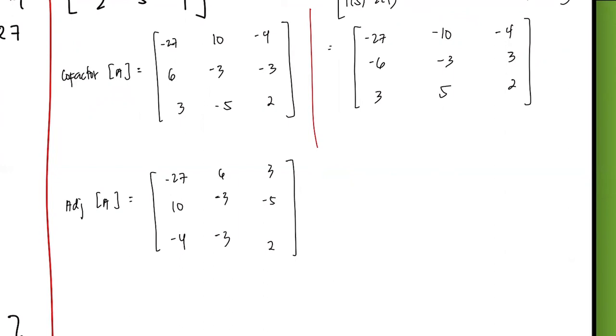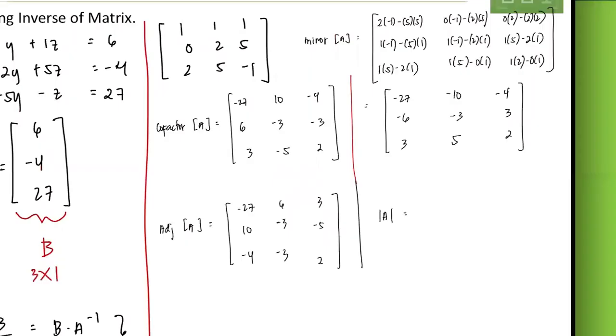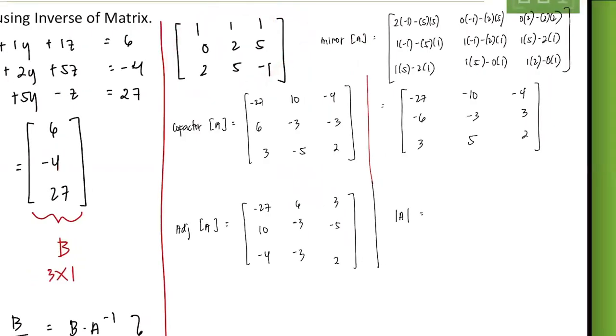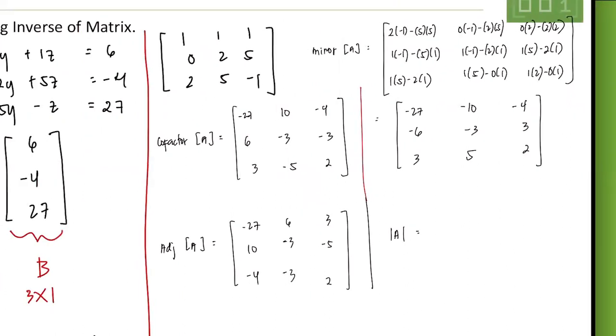Okay? Next is yung determinant natin. Okay? So determinant ng A natin. So mula dun sa given natin. Ito. Determinant yan, no? Sige, huwag na natin ibahin.